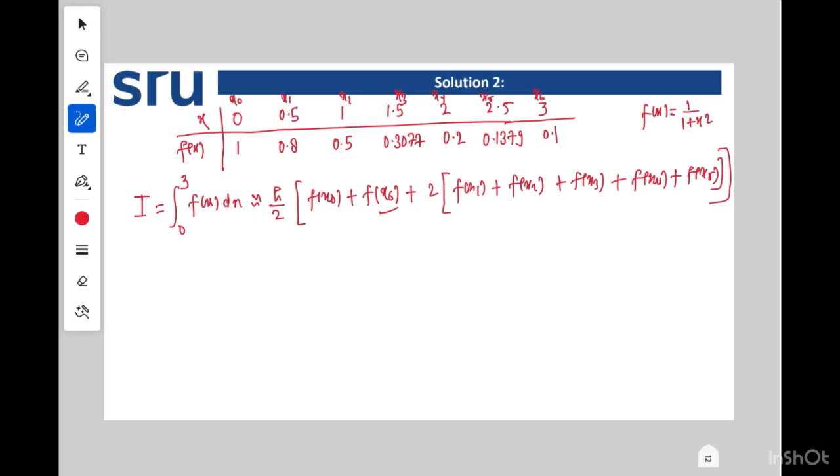Now put all these values, so you will get approximately 0.5 divided by 2, that is f of x0 is 1 plus f of x6 is 0.1 plus 2 times f of x1 is 0.8 plus 0.5 plus 0.3077 plus 0.2 plus 0.1379, okay.